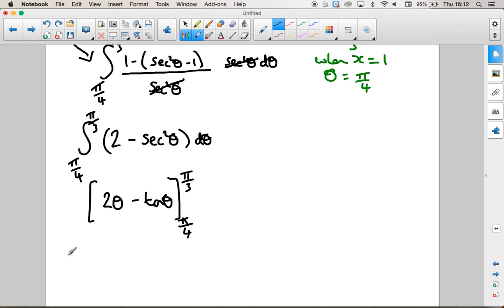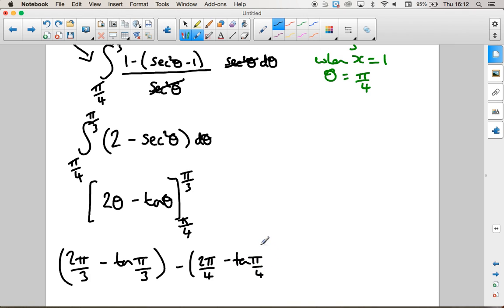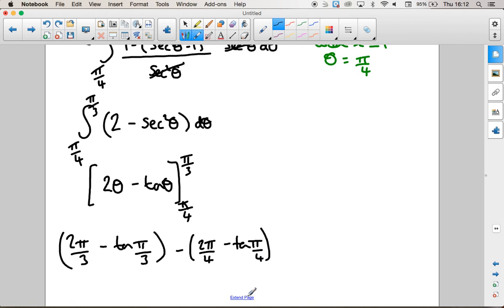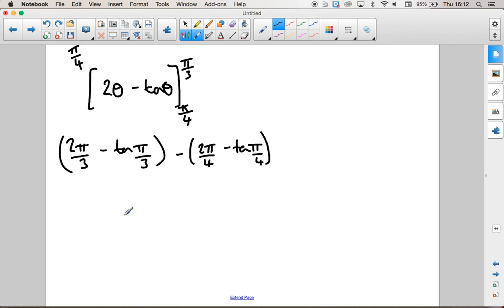So putting in the limits, we've got 2 pi over 3, take away tan of pi over 3, take away 2 pi over 4 minus tan of pi over 4. Tan of pi over 3 is root 3.